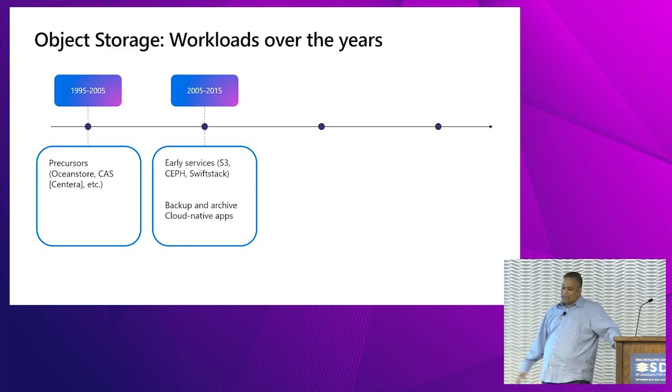But in this time, it was still very much either backup and archive storage or cloud native application storage, where the cloud applications were really expected to know what they were dealing with. Simple key value store, latency wasn't something you could really count on, and certainly consistency wasn't something you could count on, right?